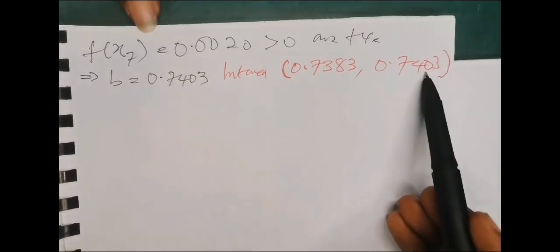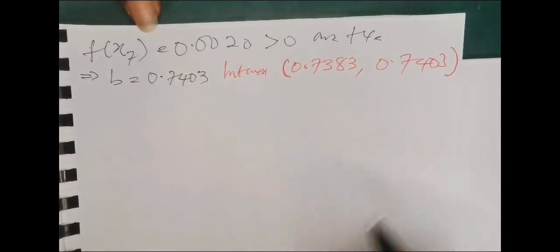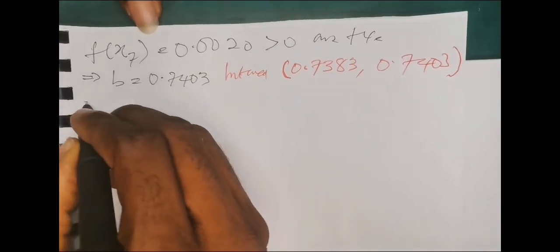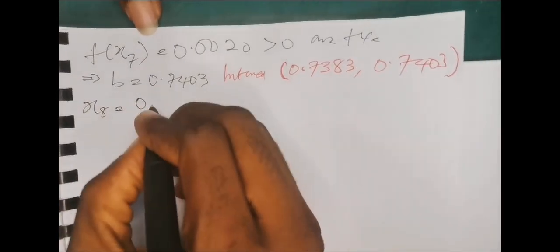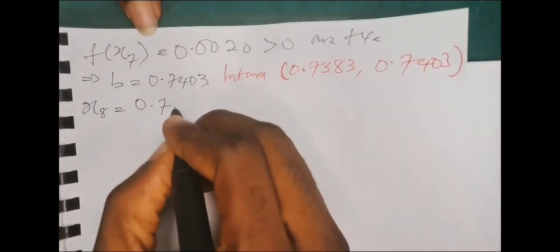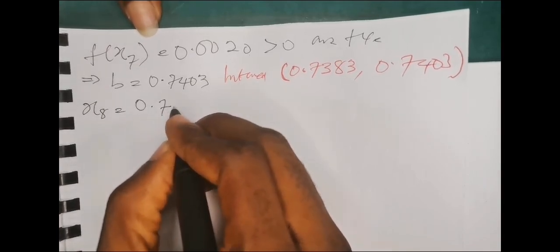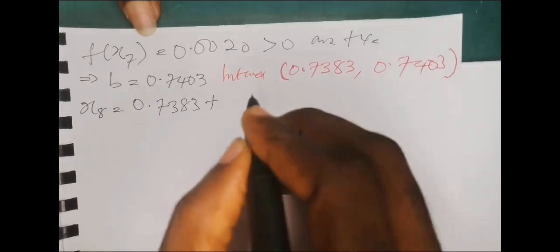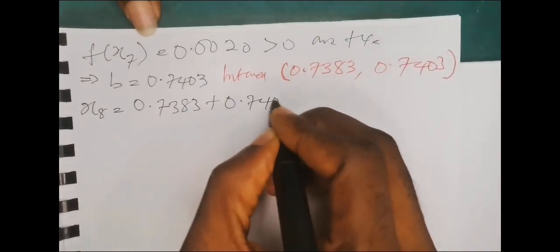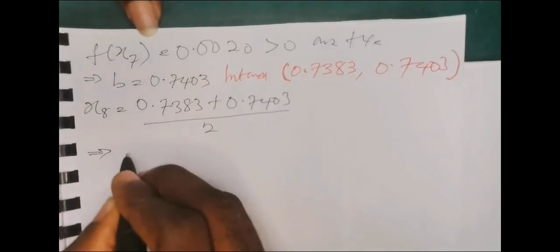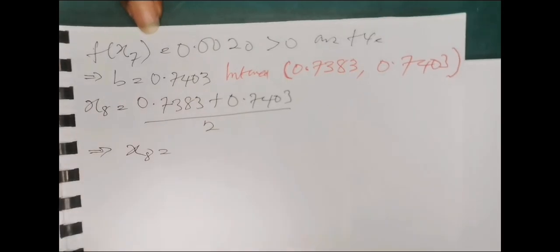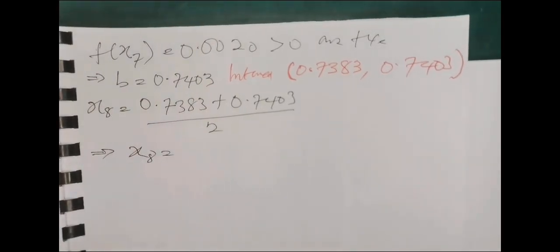So this simply means the root of the equation lies in this interval. Therefore we find the 8th root, s8, which is equal to 0.7383 plus 0.7403 divided by 2. So let's add and divide by 2.